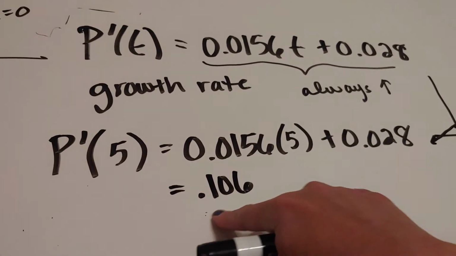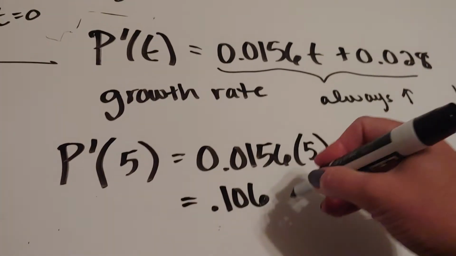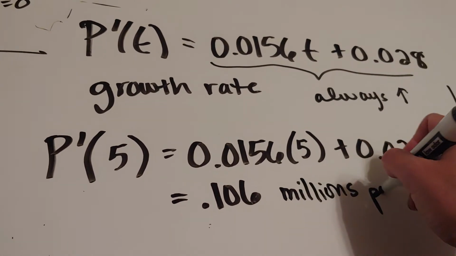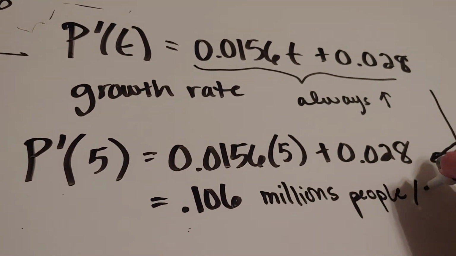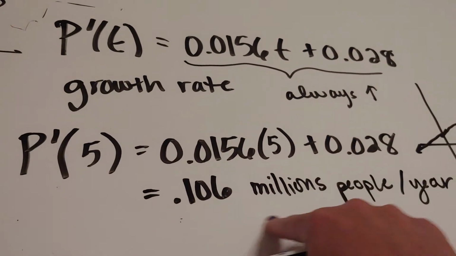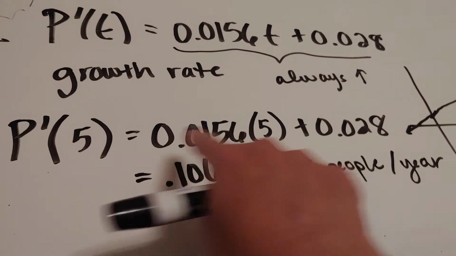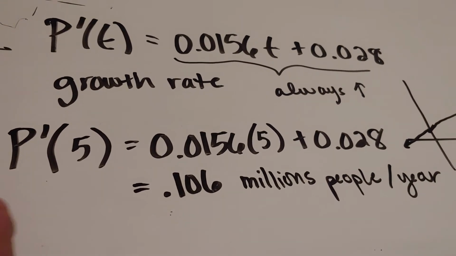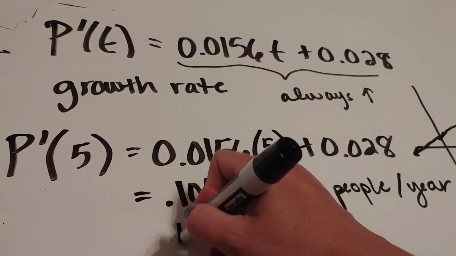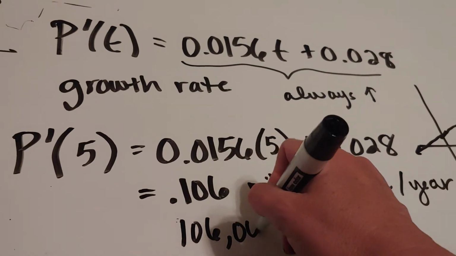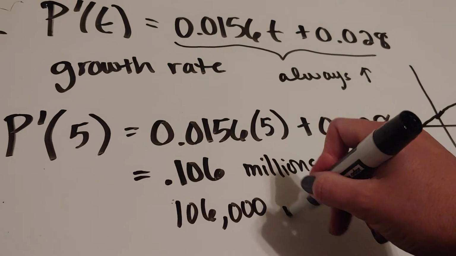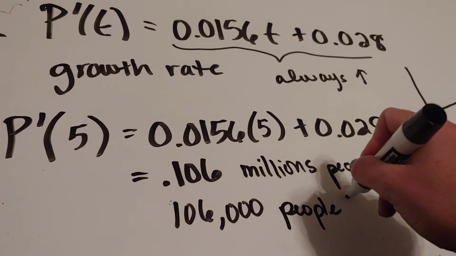You're like, it's a fraction of a person? No, this is millions of people per year. So if you want a nicer number, just take this decimal and times it by 1,000,000. I need 6 zeros. So what we're finding is that this city is actually getting 106,000 people per year.